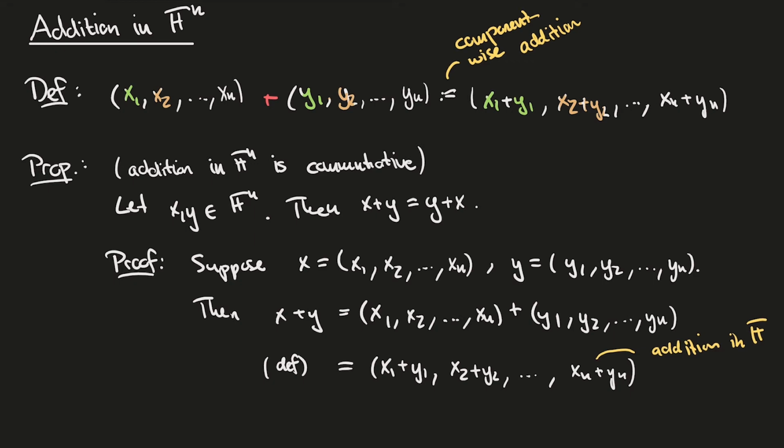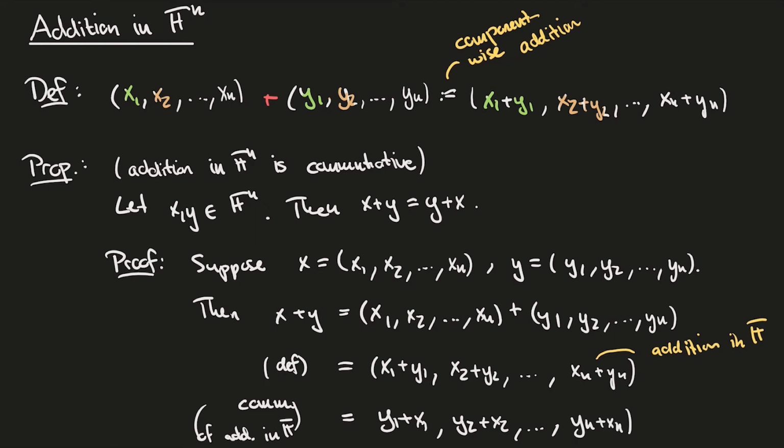So by the commutativity of addition in F, we get that the above expression equals y1 plus x1, comma, y2 plus x2, and so on up to yn plus xn. And again, this is just using the fact that addition in our base field F is commutative.